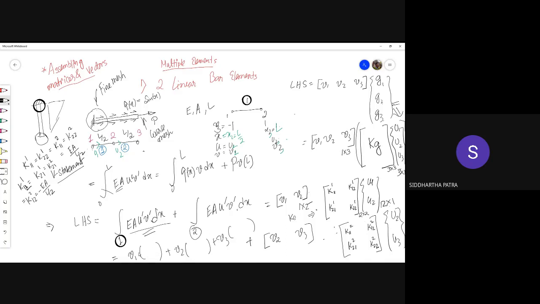The thing is the coefficients of v1, coefficients of v2 and coefficients of v3 would be terms composed of this kij terms and this u1, u2, u3 terms. Okay, so this g1, g2 and g3 are going to be some combination of this k11 1 or k12 1 then u1 or something.